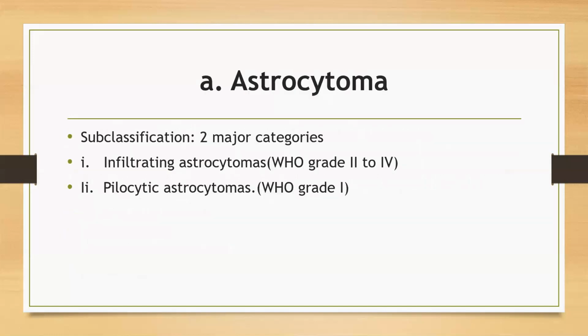First of all, talking about astrocytoma, there are two major categories. One is infiltrating astrocytomas, which usually range from WHO grade 2 to 4, and pilocytic astrocytoma is WHO grade 1. The lower the grade, the more benign it is.